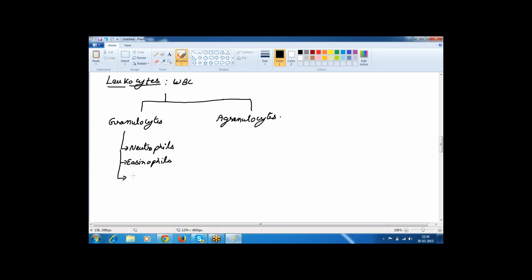And they are called granulocytes because they have some granules in their cytoplasm. Whereas agranulocytes are lymphocytes and monocytes.